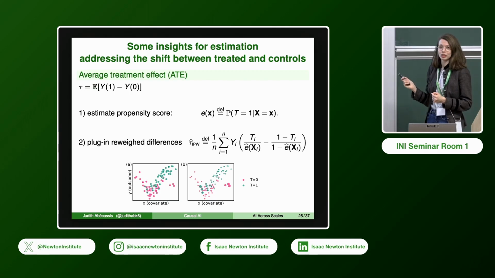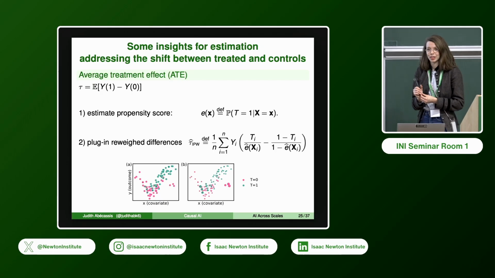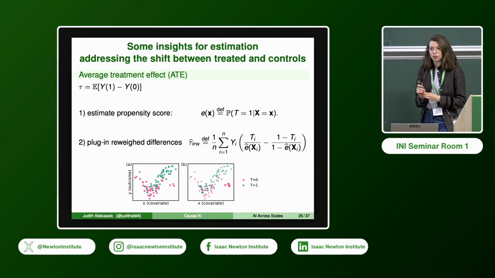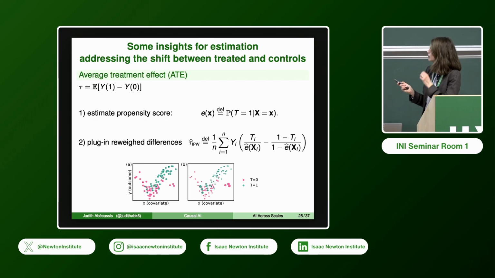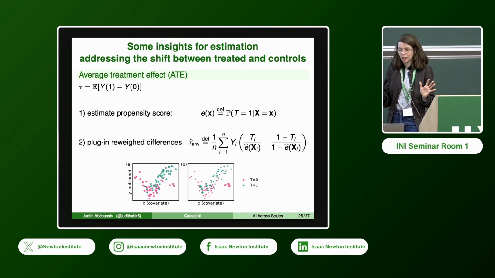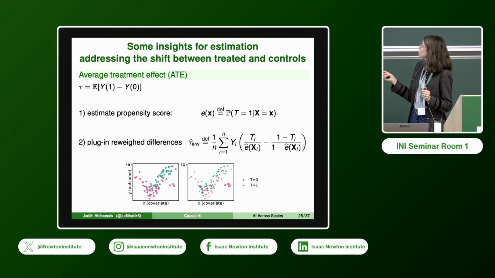It looks a little weird, but it's what you can estimate using a classification problem in machine learning, either with a simple logistic regression, so a linear model, or more complex machine learning models. And once you have estimated those propensity scores, you can simply reweight units depending on their probability to receive the treatment, and compare the average of your outcome in the treated group and in your control group with this reweighting.